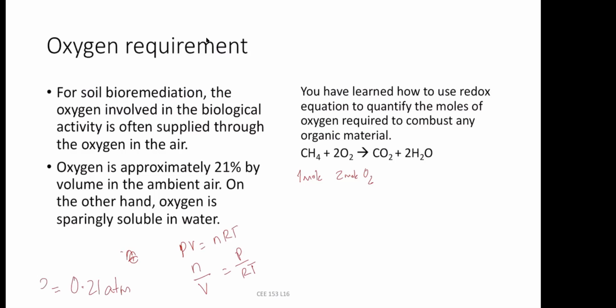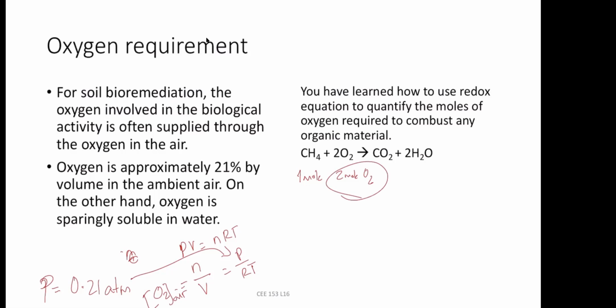So if you put that P in here, you should get the oxygen concentration in air in moles per cubic meter. And if you know how many moles are required, then you will be able to calculate how much air you have to pump.